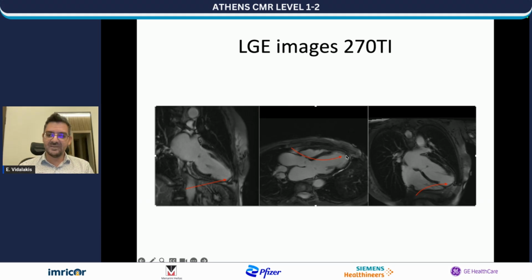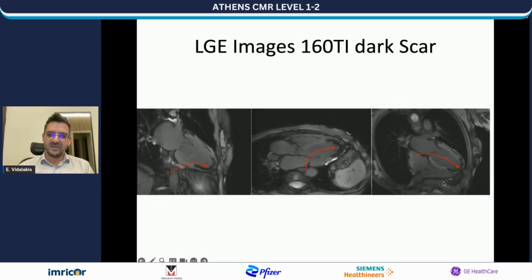As you see, there is a scar here, but it's not so clear that there is a scar. And with low TIs, the dark scar, as we say, we can see how beautifully we can demonstrate the scar on the apical segments. The scar now here is dark, it's black, it's not white like usual.